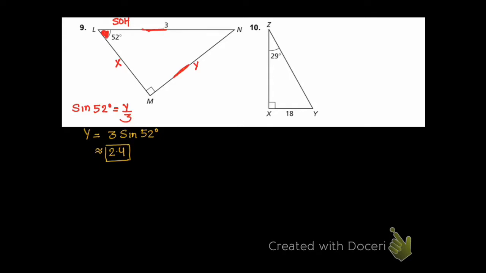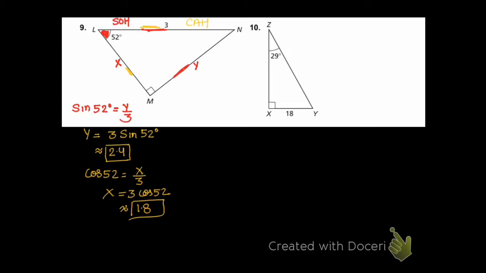Then we are going to find the remaining value for here, our x value, and I can now take the cosine ratio. Cosine of 52 is what? Cosine is CAH, so adjacent over hypotenuse means this over this. So x over 3, and cross multiply. x is 3 cosine 52, and you just plug it in and solve it, you get 1.8.